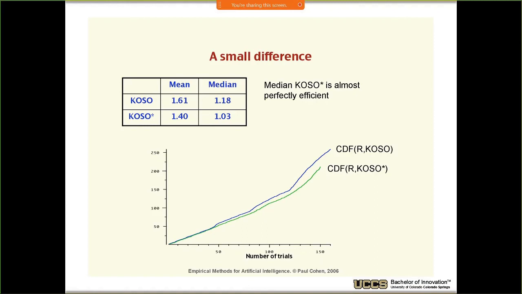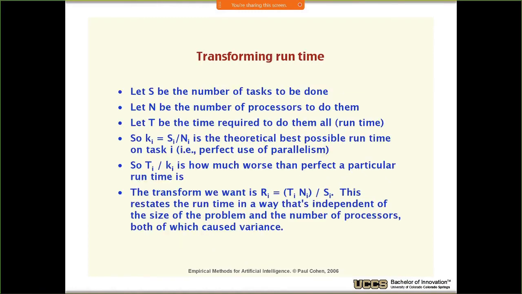And in this case, we see that the CDF of COSO star is smaller. And if I look at them in terms of the mean and median of this new variable, R, we'll see that COSO's mean is 1.6 and the median is 1.18, where for COSO star, we're at 1.4 and 1. And R as a variable, if I was perfectly efficient, with perfect parallelism, then R would be 1.